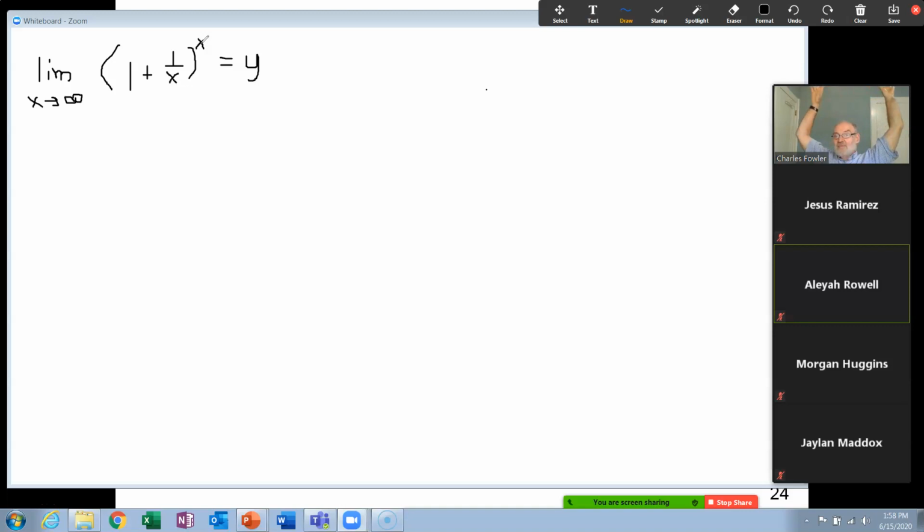But this isn't quite 1. This is 1 and a fraction, and depending how big or small the fraction is, that's the same degree of what this is going up to. So it's really hard to tell what this is going to turn out being, unless you're familiar with the form.